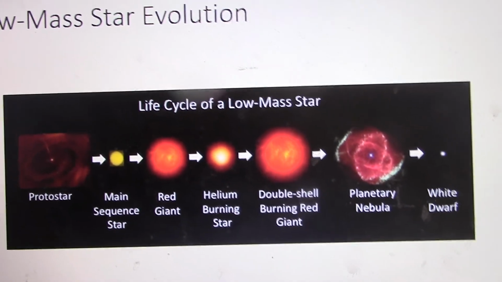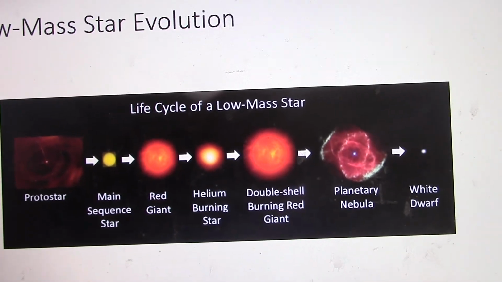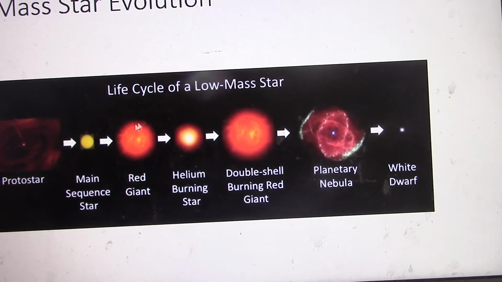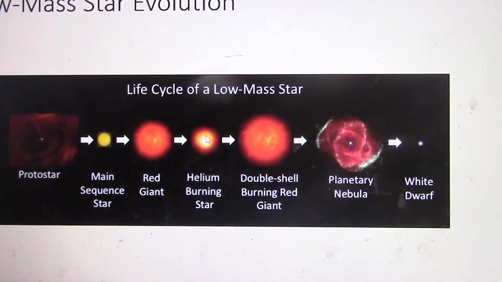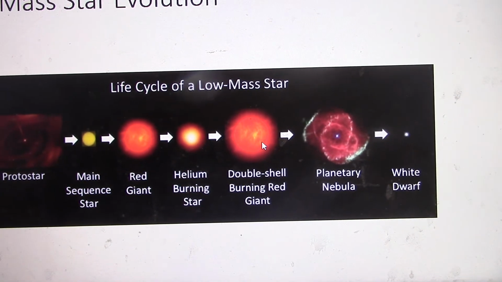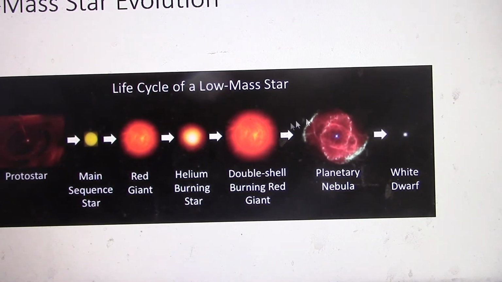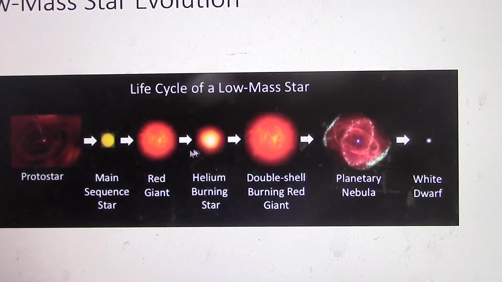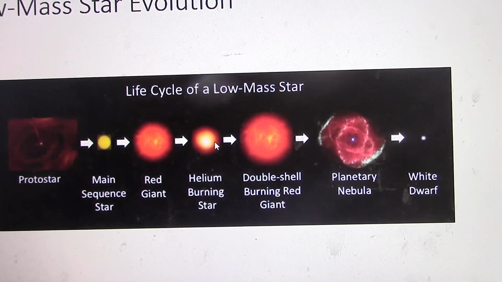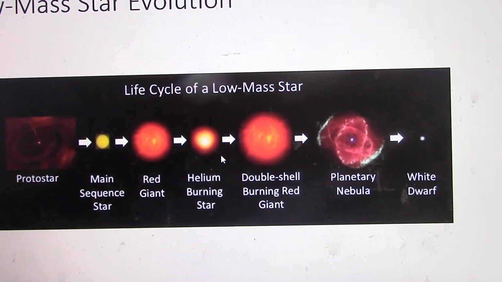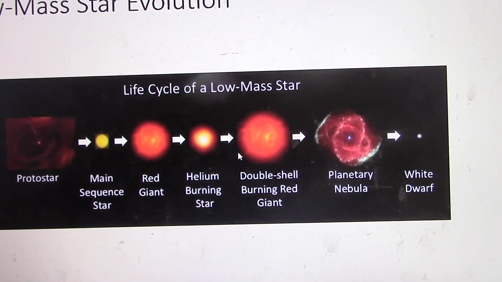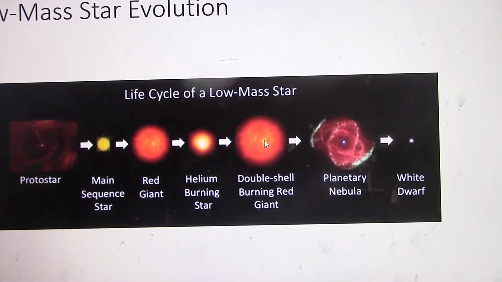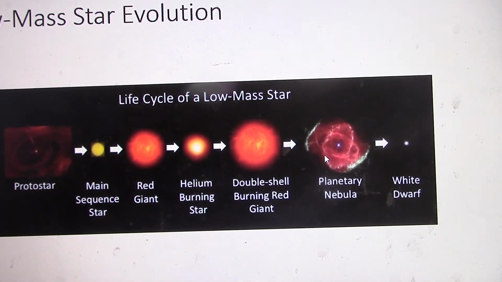When they start to lose their fuel, they puff up, turn into red giants. They'll blow off extra hydrogen with helium left over, puff up again, and what happens is there's an isostatic rebound. So this initial hydrogen sloughs off, you're left with helium. This helium expands as it's spent, and then collapses in on itself, and then rebounds outward as a nebula.